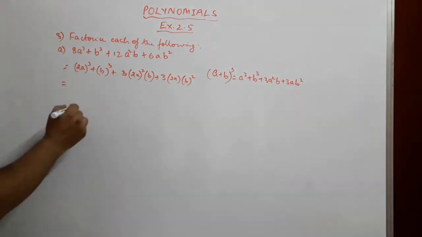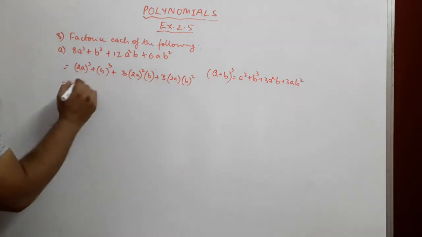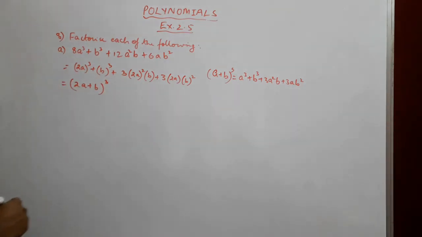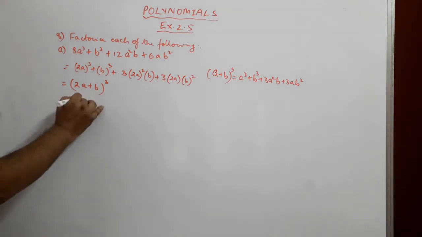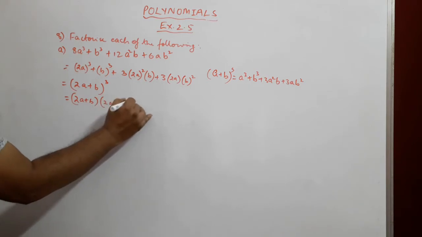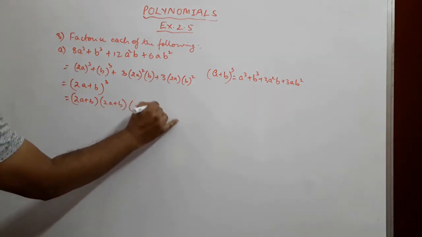And now we can write this entire thing as 2a plus b the whole cube, or 2a plus b into 2a plus b into 2a plus b.